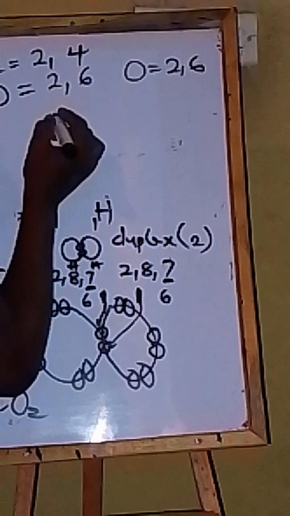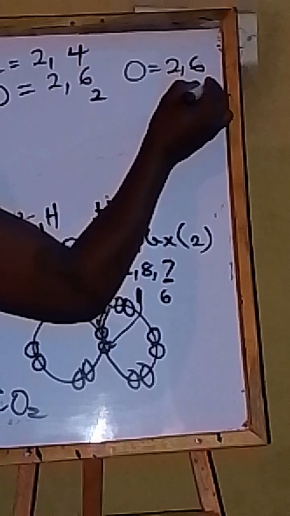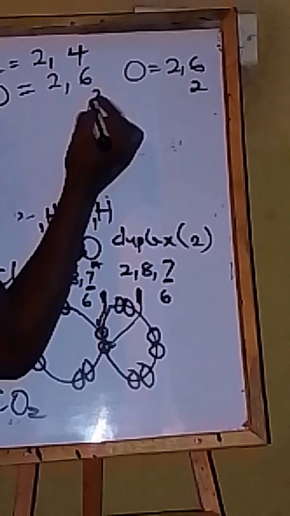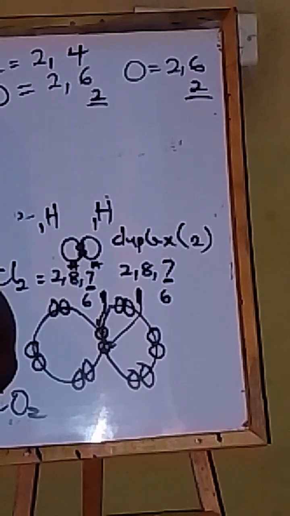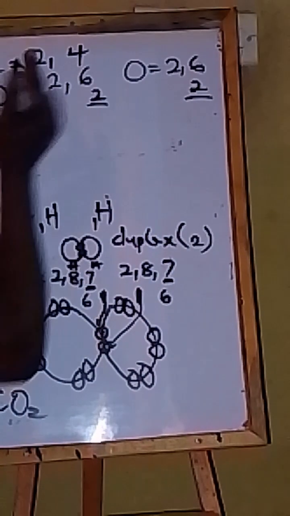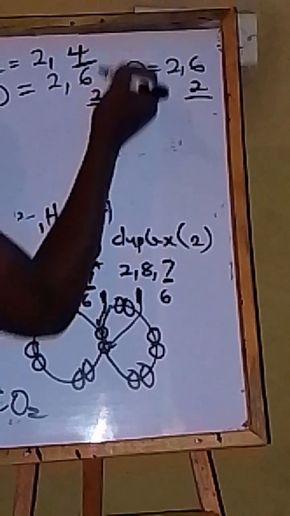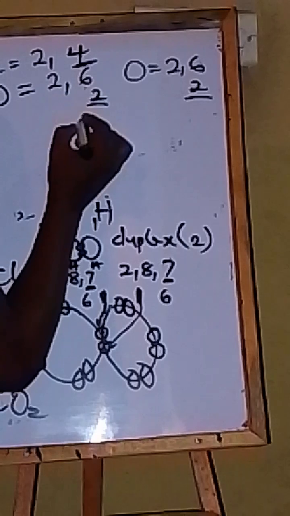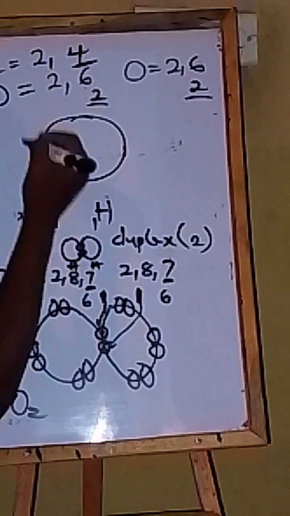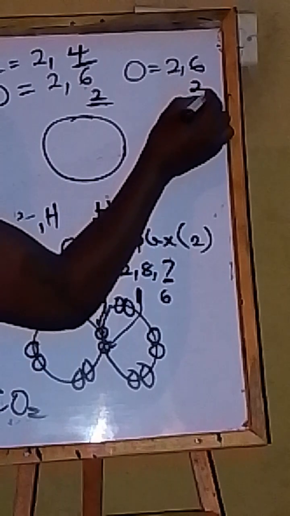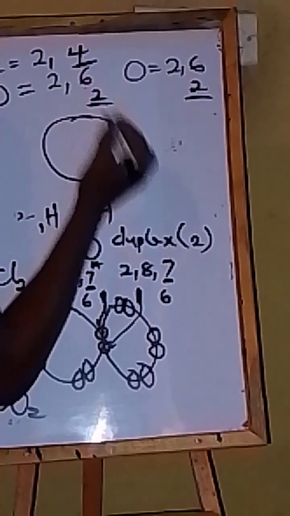So in this case, this needs 2, this needs 2. So when you are doing that, you will think this is 4 already. So you break this one down. Can you see? The 2 and the 2.